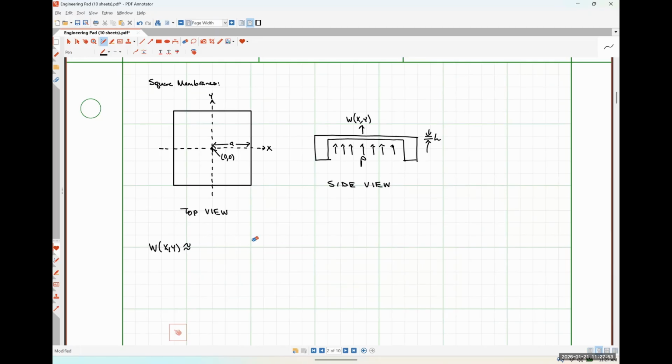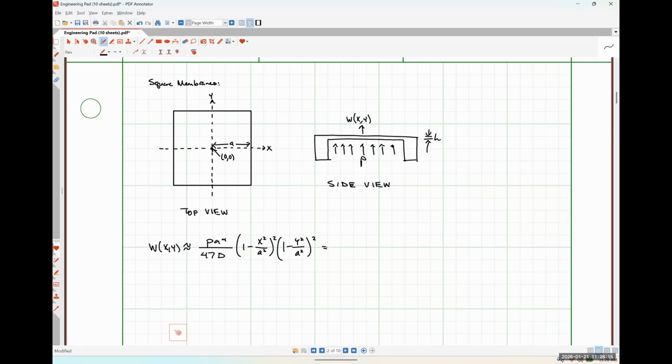Actually, sorry, getting ahead of myself. PA to the fourth power over 47D times 1 minus x squared over a squared, squared, 1 minus y squared over a squared, squared.